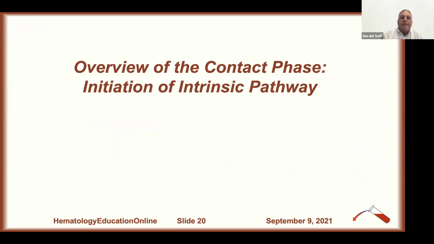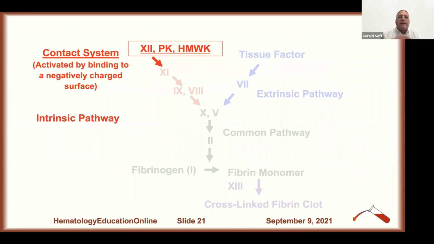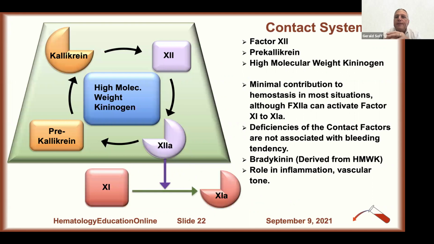We're going to talk briefly now about the contact phase, which is the beginning of the intrinsic arm. The contact system contains three factors: factor 12, prekallikrein, and high molecular weight kininogen. These form a complex on a negatively charged surface, and it becomes a positive feedback loop where factor 12 gets converted by kallikrein to factor 12A.